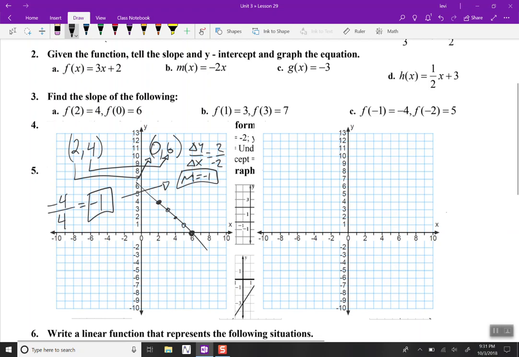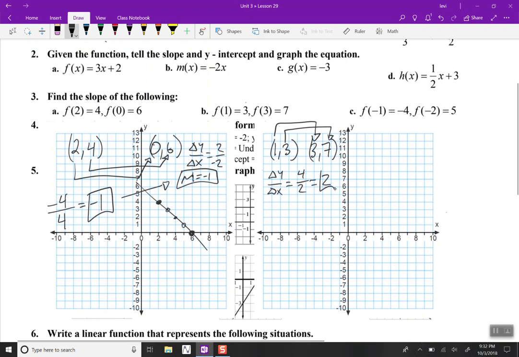So all of these, pretty straightforward. I'll do it again. This is the point (1, 3). This other one is the point (3, 7). What's our slope? Change in y over change in x. 3 to get to 7 is 4. 1 to get to 3 is 2.